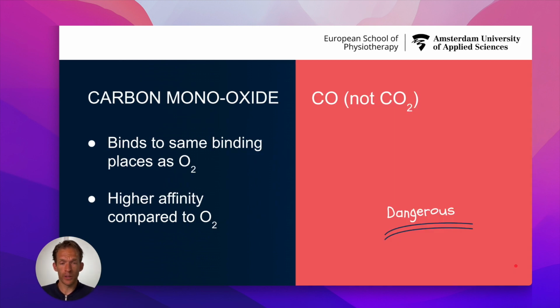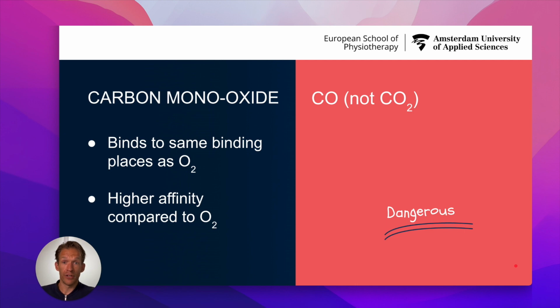Finally, before we close this video, a very important remark: you should never confuse carbon monoxide with carbon dioxide. So carbon monoxide is something that can be produced in old heating systems, for example, that have incomplete burning of the fuel. And then instead of just regular CO2, you could actually have CO, carbon monoxide, produced.